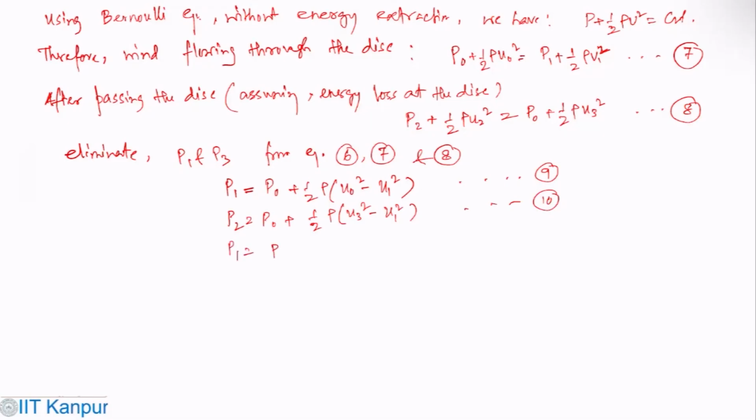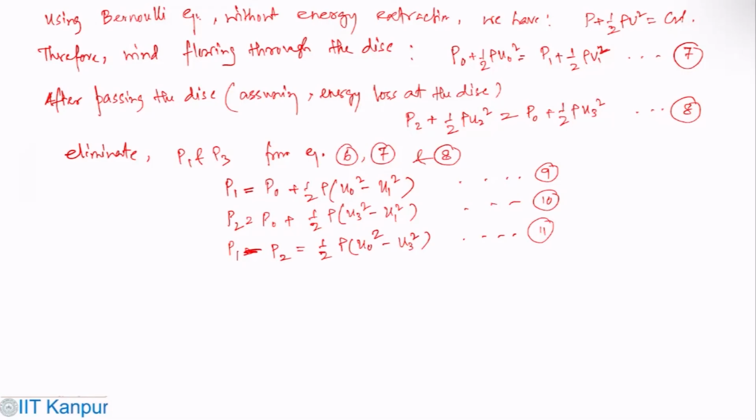P1 minus P2 equals half rho (U0 square minus U3 square), which is 11. So you have this.